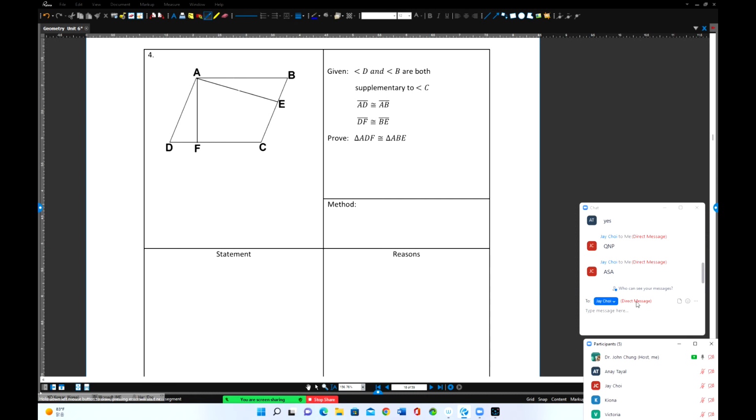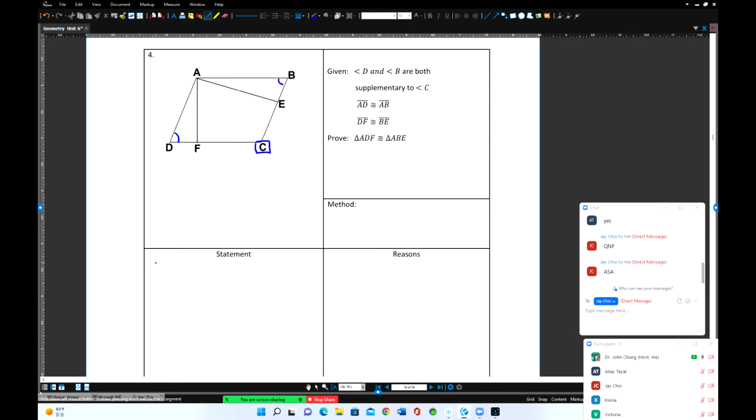Number 4. Angle D and angle B are both supplementary to angle C. That's the given.